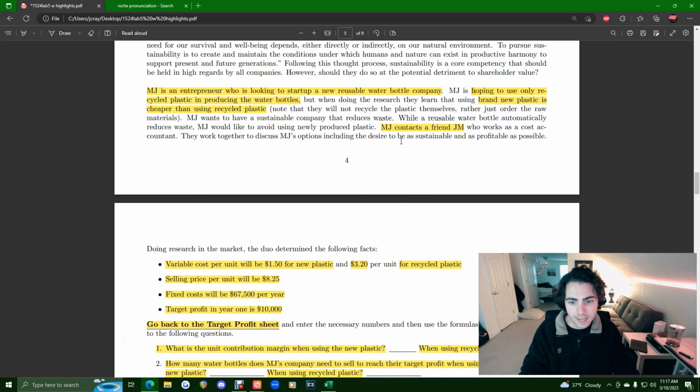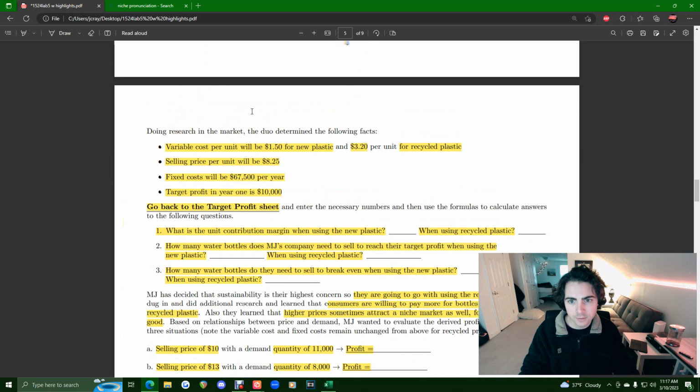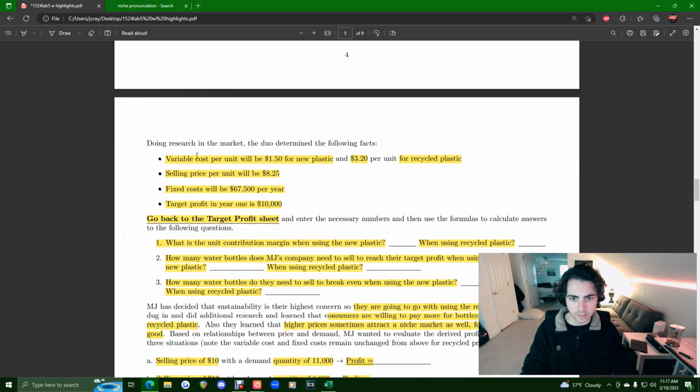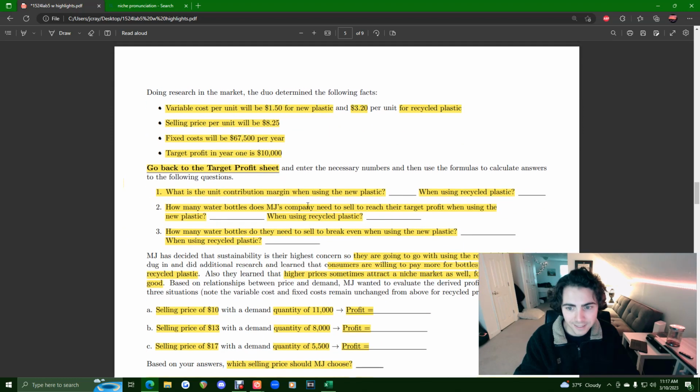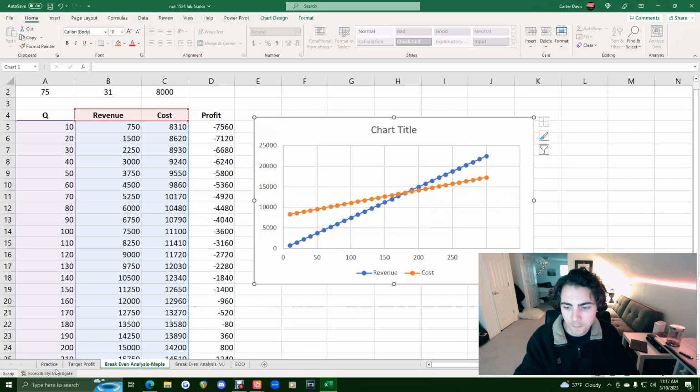They discuss the options. Doing market research, they determine the following facts. Variable cost is $150 for new and $320 for recycled plastic. Selling price $825. Fixed cost $67,500. Target profit's $10,000.